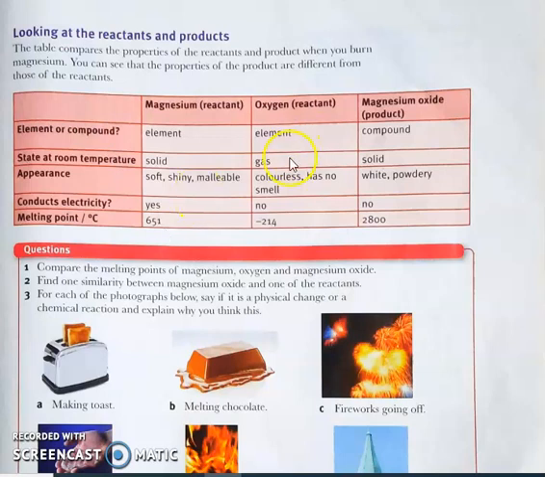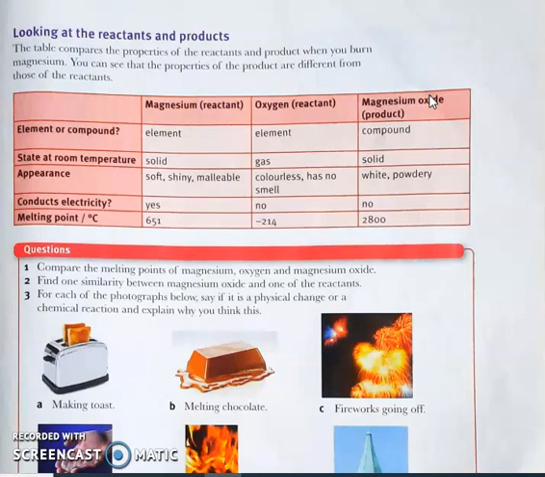Oxygen is also an element, but it is a gas which is colorless and has no smell. It will not conduct electricity because most non-metals do not conduct electricity, and its melting point is minus 214 degrees Celsius. What about the product? The product is magnesium oxide, which is a compound, because it contains more than one element that are chemically bonded.